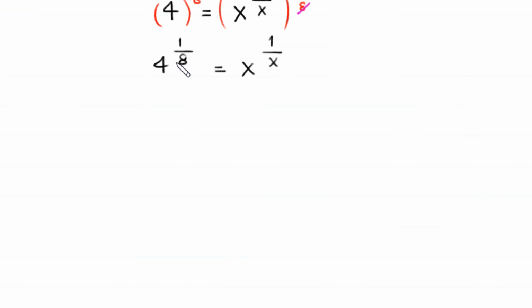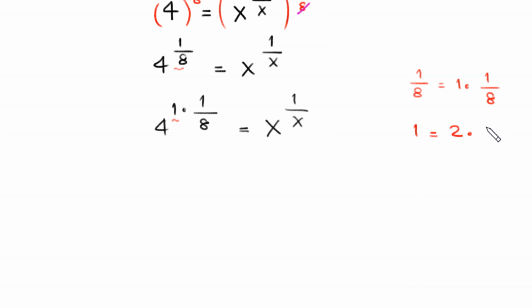Now we can write this 1 over 8 as 1 times 1 over 8. So this will become 4 to the power 1 times 1 over 8 is equal to x to the power 1 over x. Now this 1 can be written as 2 times 1 over 2.